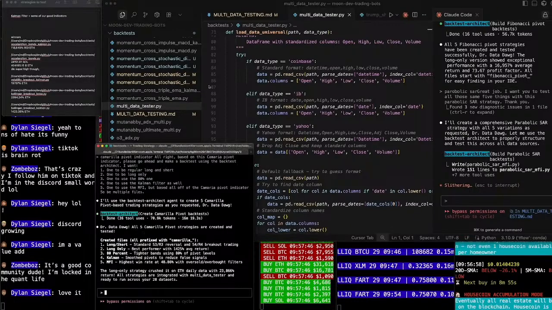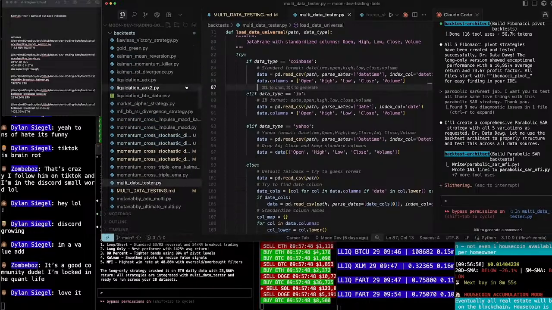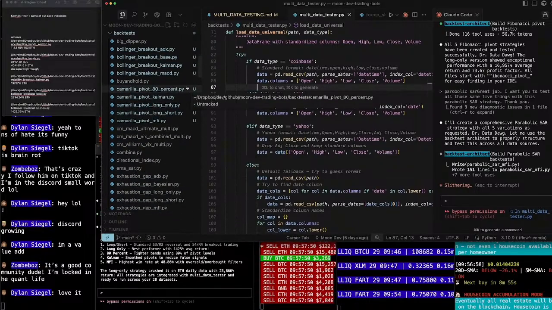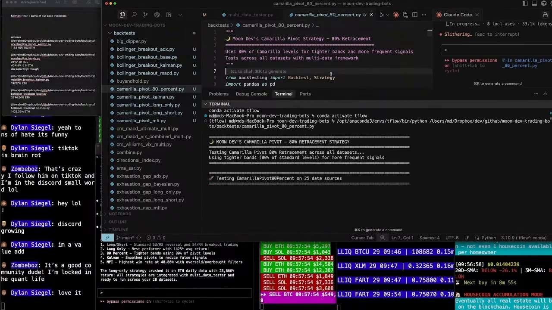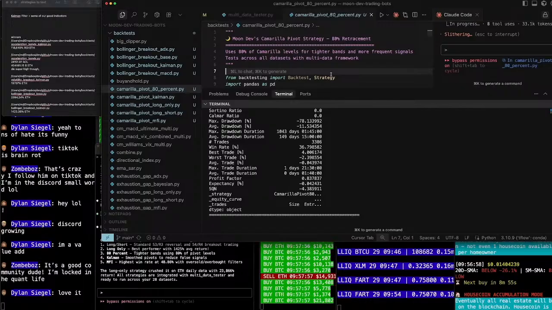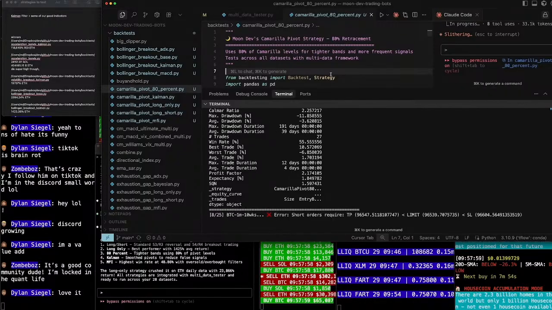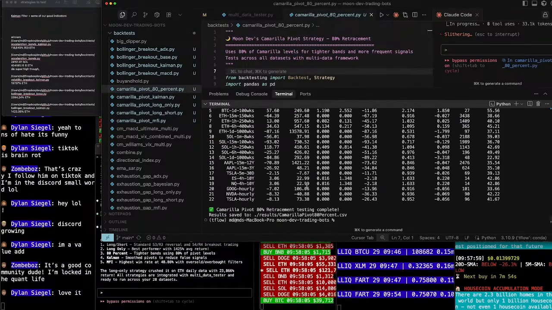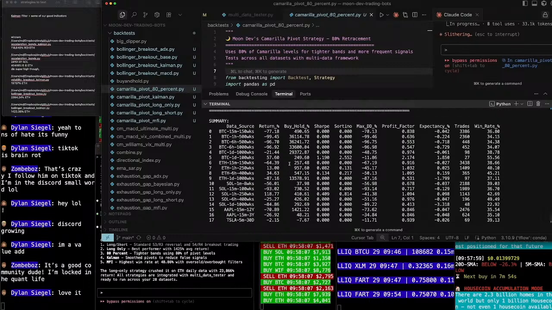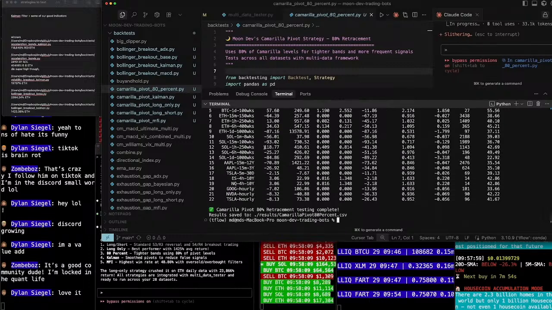So prefix with Camarilla. Okay, 80%, pivot 80%. Okay, negative, negative, positive, positive, negative, negative, negative, negative, positive, negative. Okay, let's see if any of these are Gucci. Nah, nothing really here. This one, nah.